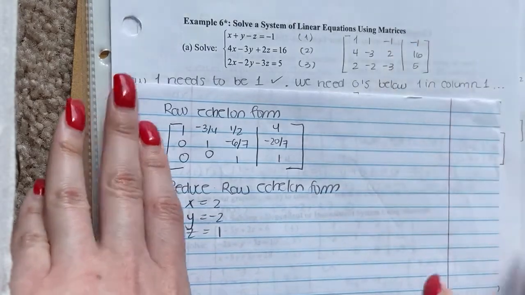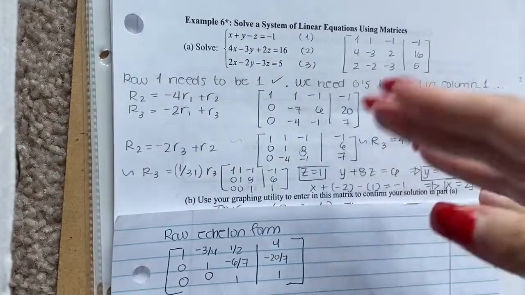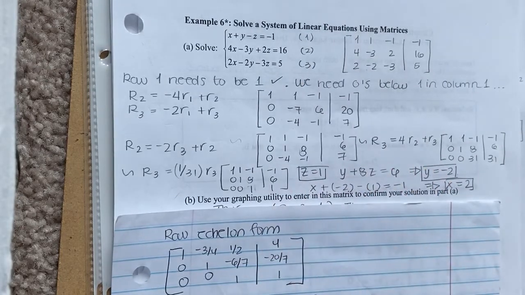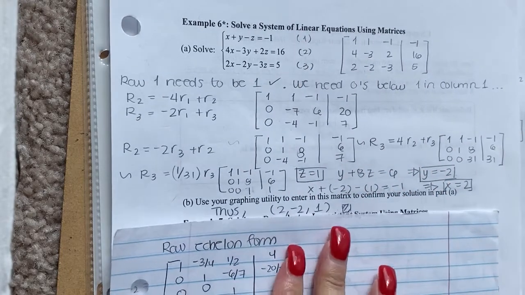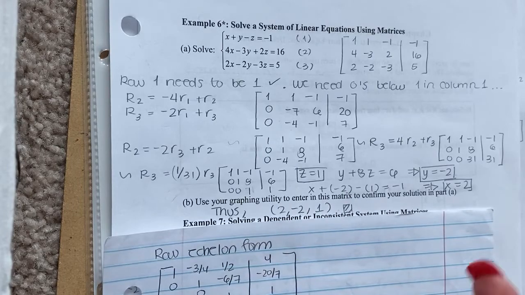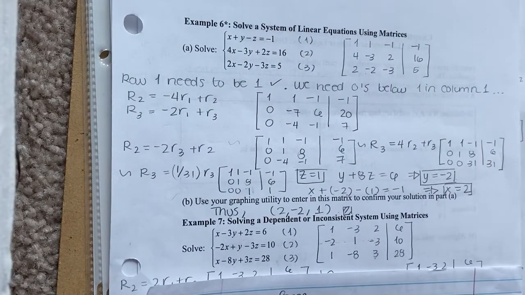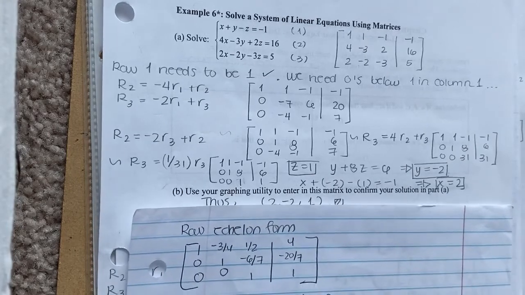And guess what? By hand it took me maybe 20 minutes, and I have exactly the same thing. Isn't that nice? So you don't need to use the graphing utility. I mean, you can, but you don't need to. This method with the row-echelon form is just beautiful. So that's for that.